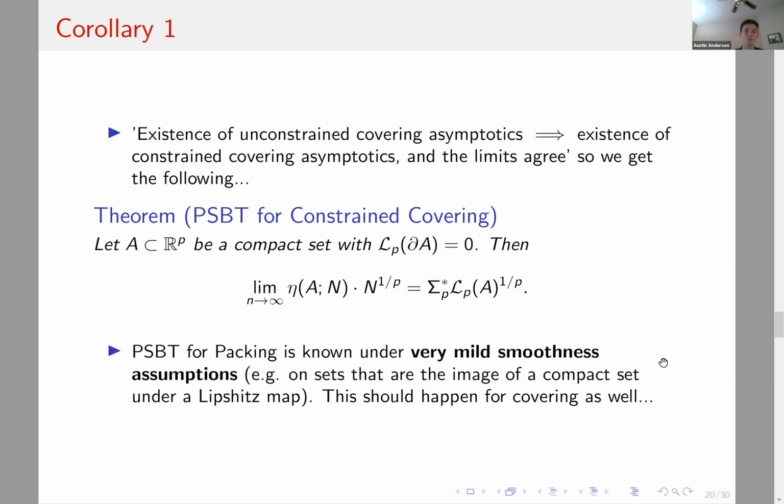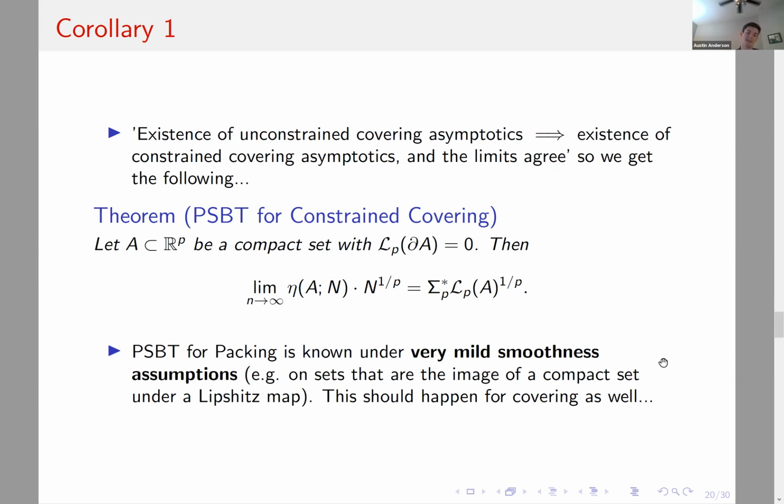Now, one of the first corollaries of Alex's theorem that he mentioned just before we turned over is that we can take this theorem due to Kolmogorov and Tikhomirov, and we immediately get a similar theorem for constrained covering. Because existence of unconstrained covering asymptotics now implies existence of constrained covering asymptotics, and we know that the limits agree in this case, we get a poppy seed bagel theorem for constrained covering, at least part one in this very limited case.